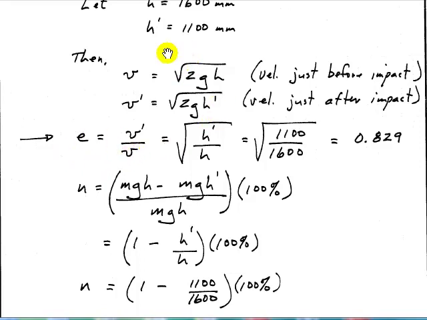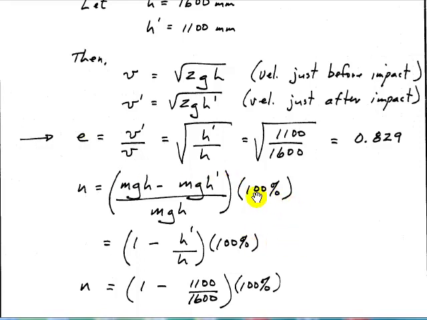And plugging in the velocity terms, and instead substituting square root of 2gh for the numerator and square root of 2gh prime for the denominator, and canceling the 2g's, leaving the square root of h prime over the square root of h, and therefore square root of 1100 divided by square root of 1600, we have a 0.829 coefficient of restitution, found only with velocities computed by energy, and we did not have to use momentum in this case. We never will for collision with a supermassive object.